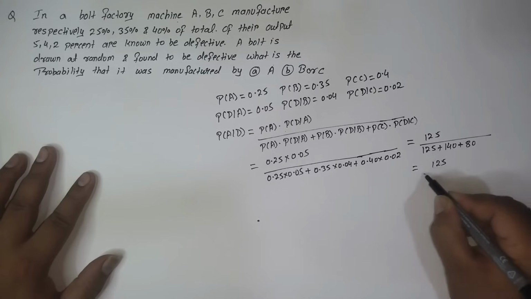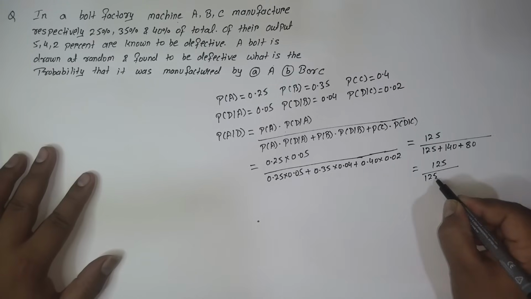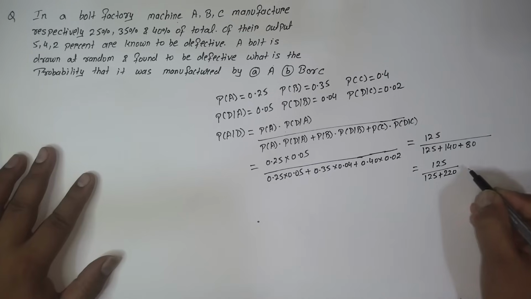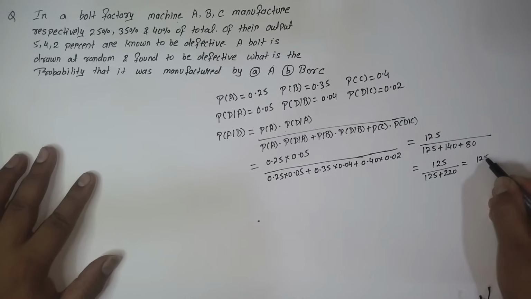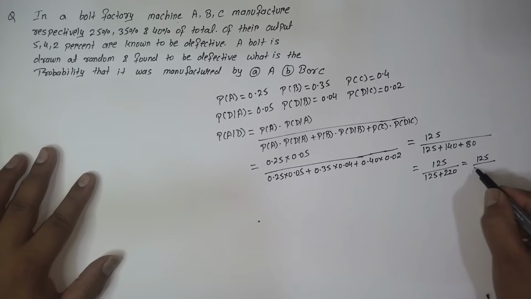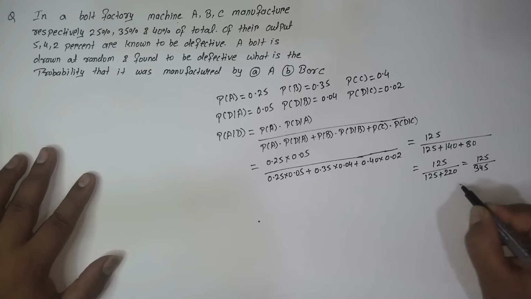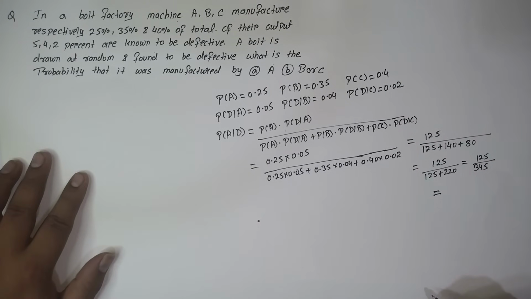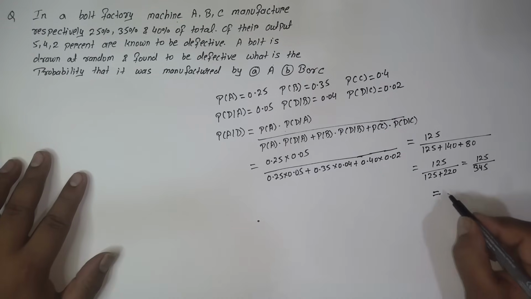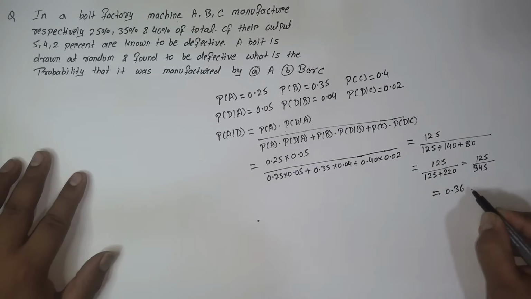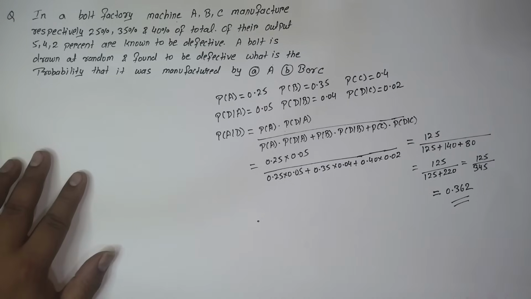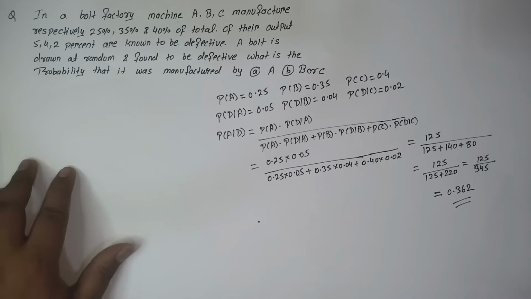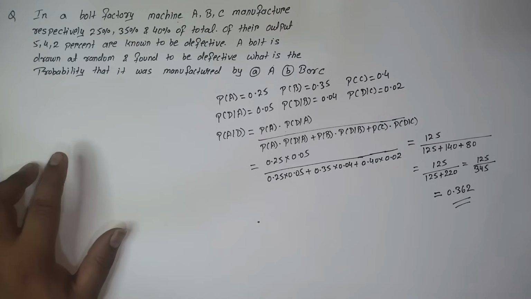So 125 divided by 125 plus 220, that is 125 divided by 345. So when we perform the division, we will get 0.362. So the probability of a defective bolt manufactured by A is 0.362.